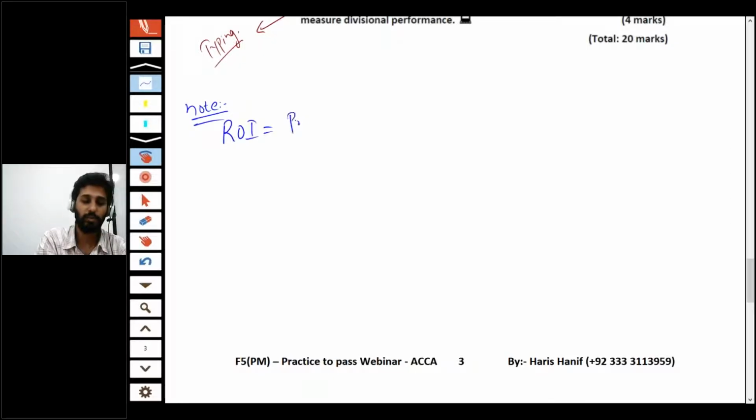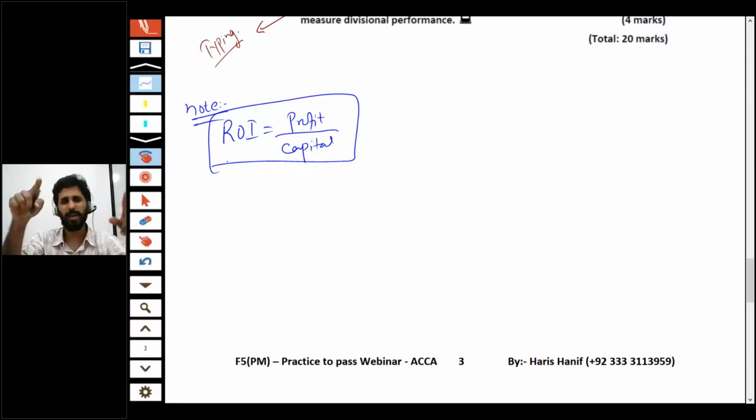ROI is equal to profit over capital, multiplied by 100. That's obviously.